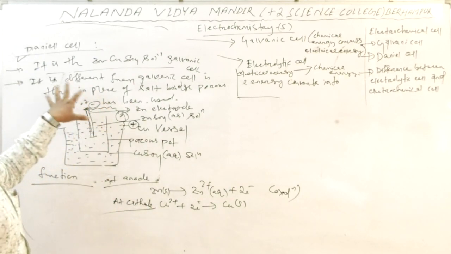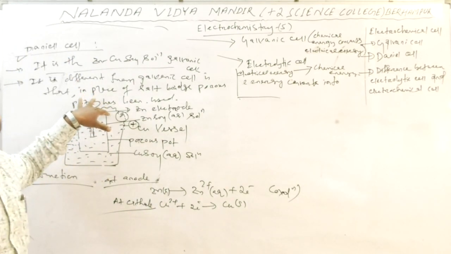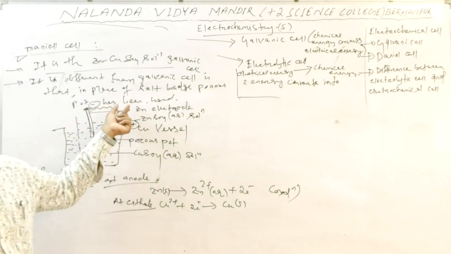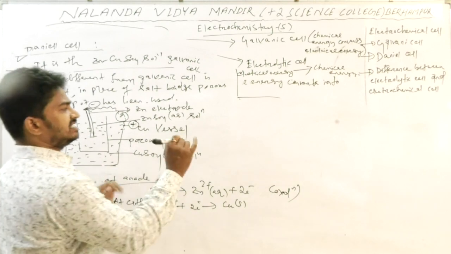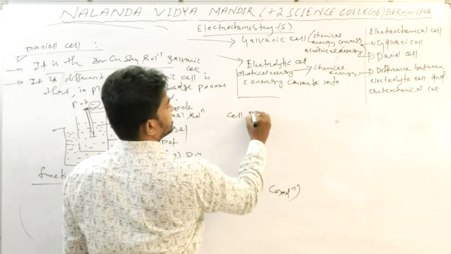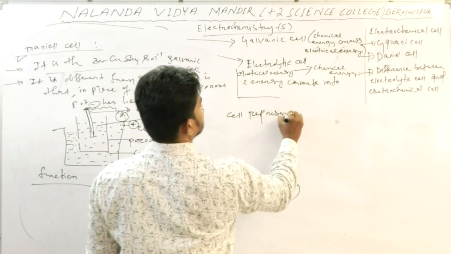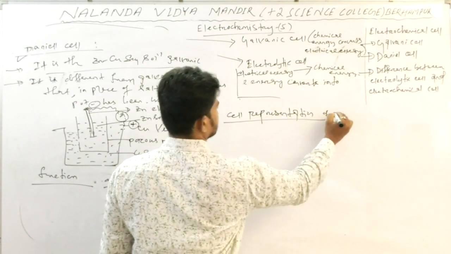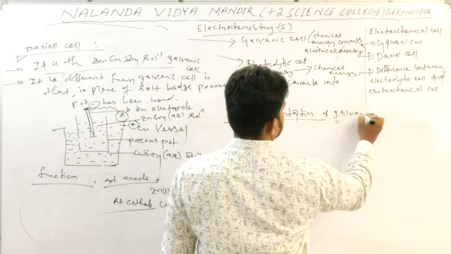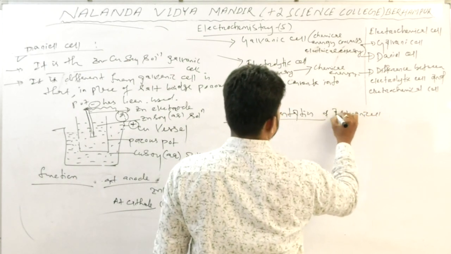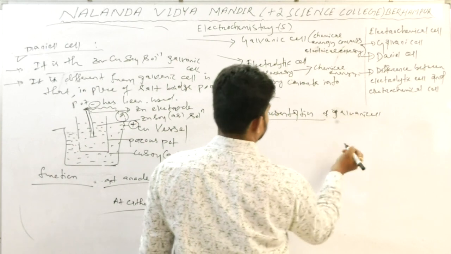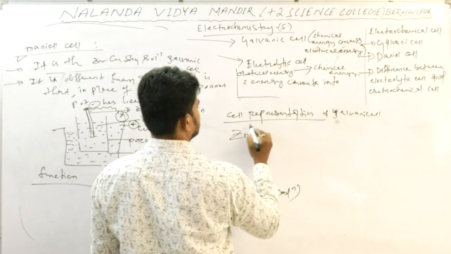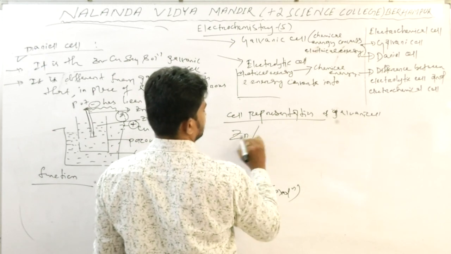So for the Daniell cell and the galvanic cell, which I discussed a few minutes earlier, the cell representation will be the same. Cell representation for the galvanic cell is zinc electrode.